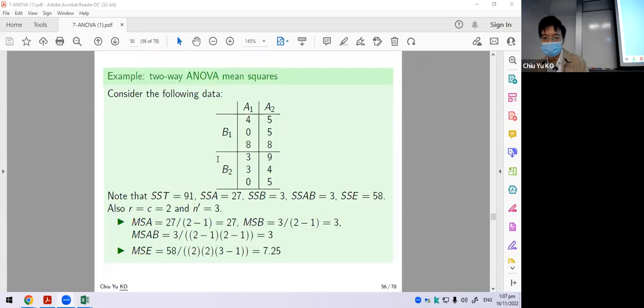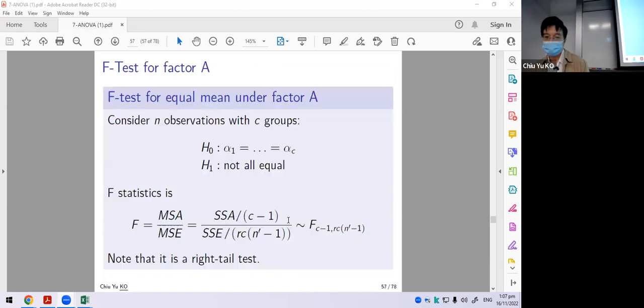So that's exactly what we have here. You calculate MSA, MSB, MSE. Once we are done, they're actually here. So the same thing here, MSA over MSE, and this is just a right tail. The only difficulty is to remember this C minus 1, and the degree of freedom is RC times M prime minus 1.